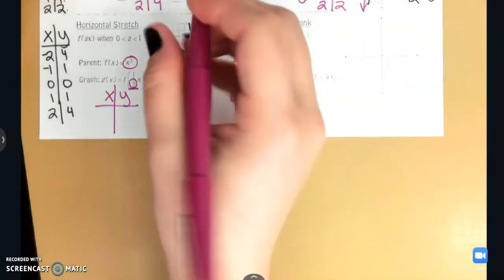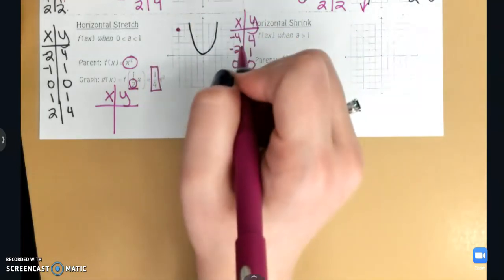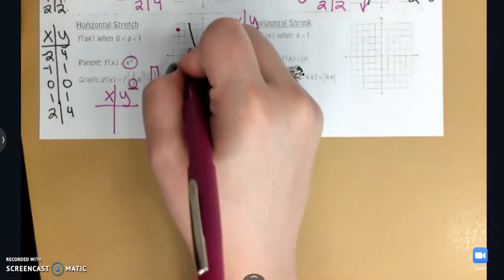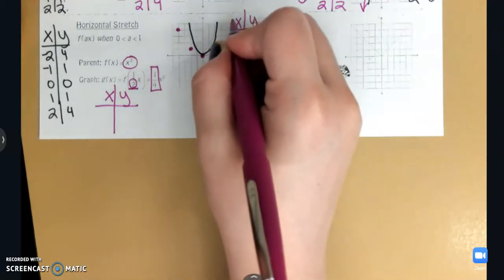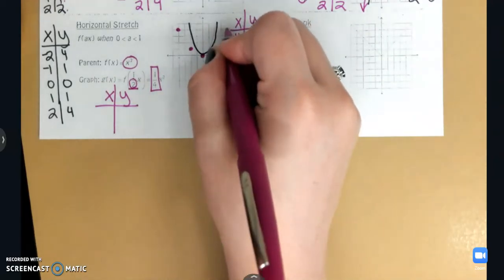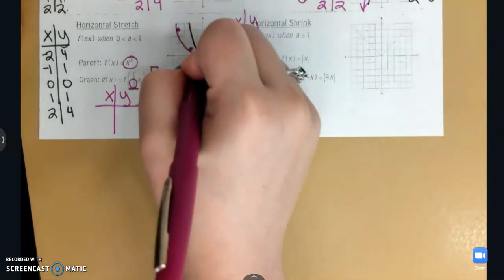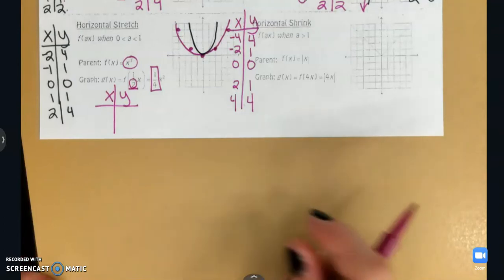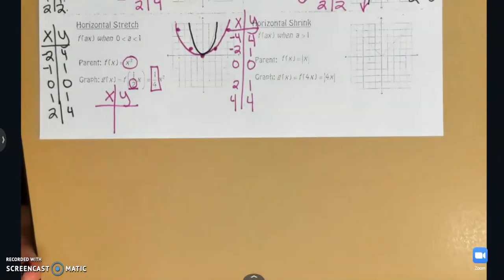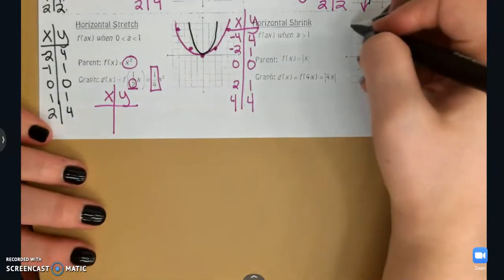And now I can plot my new function. So we stretched horizontally. We got fatter. Our parabola got fatter.